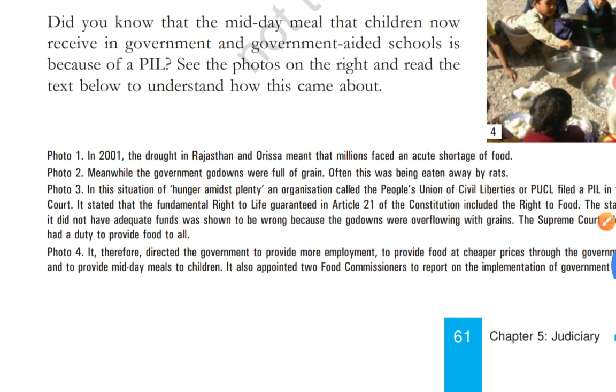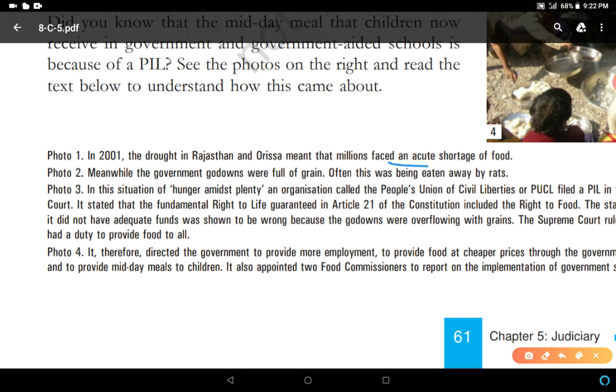Photo 1 tells us that in 2001 the drought in Rajasthan and Odisha meant that millions faced an acute shortage of food. Meanwhile, the government godowns were full of grain. Second photo, often this was being eaten away by rats.